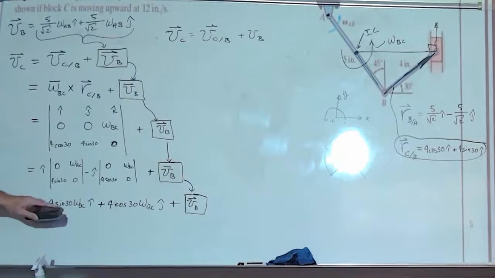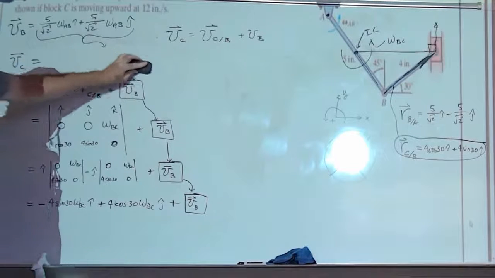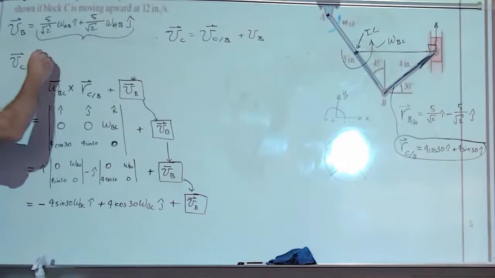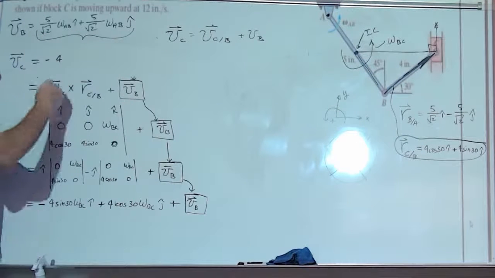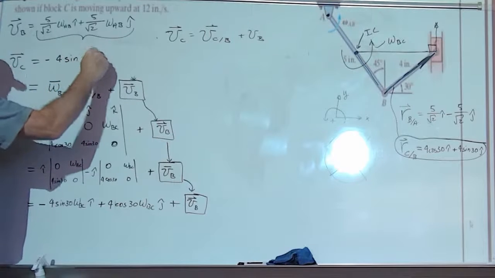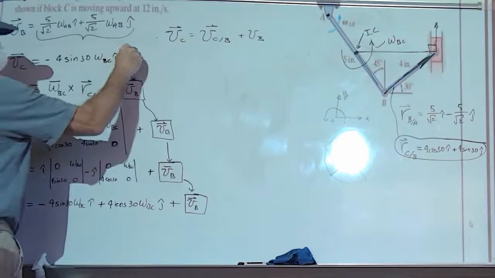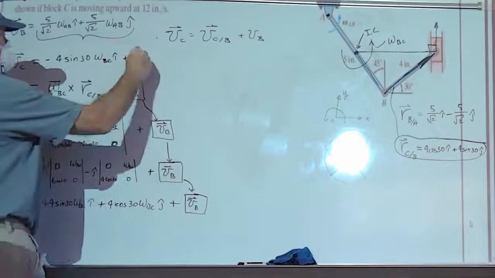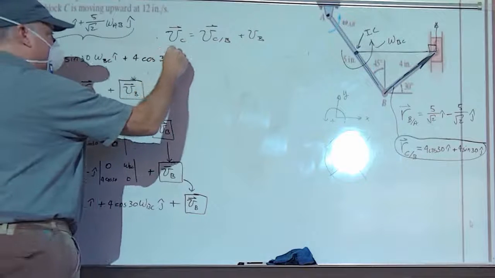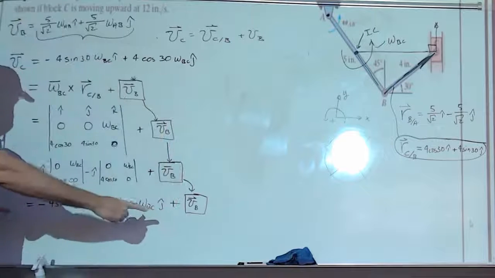Okay, copy that back up to here. I'm just going to stick it in here, and it's going to be minus 4 sine 30 omega BC i plus 4 cosine 30 omega BC j. Why did it become bigger?